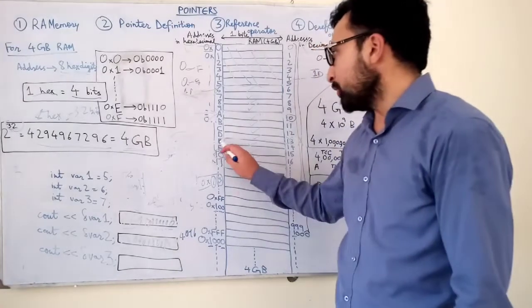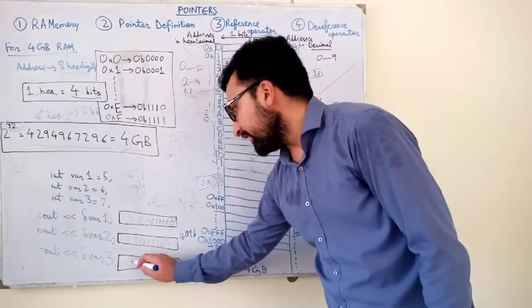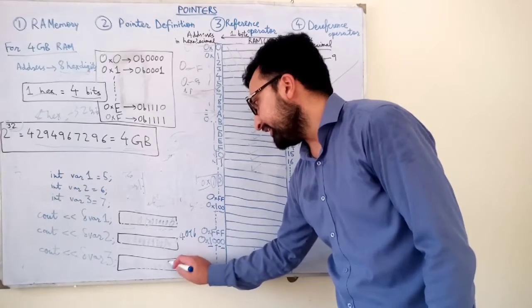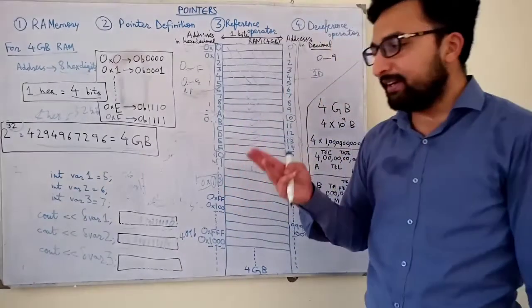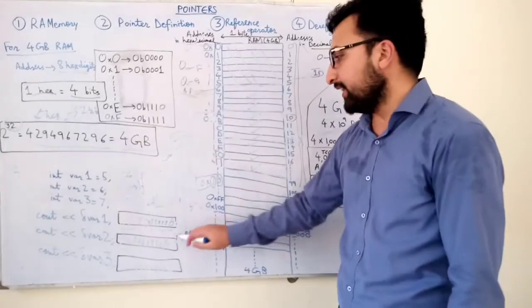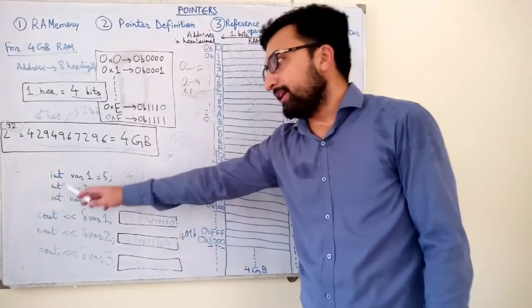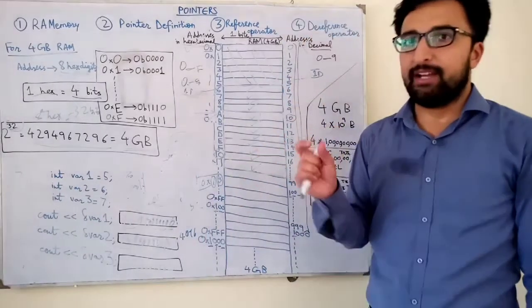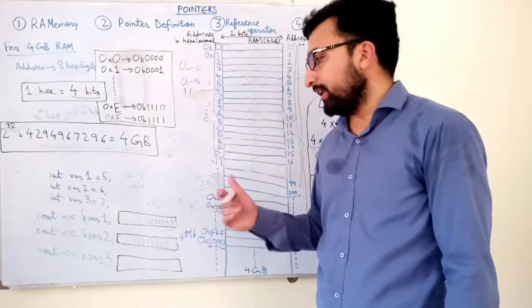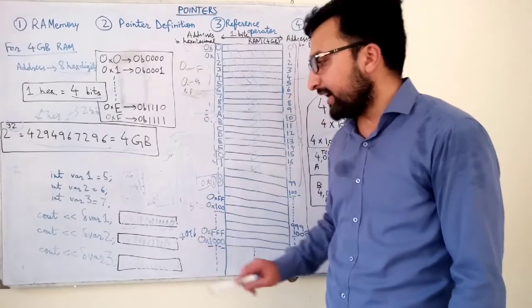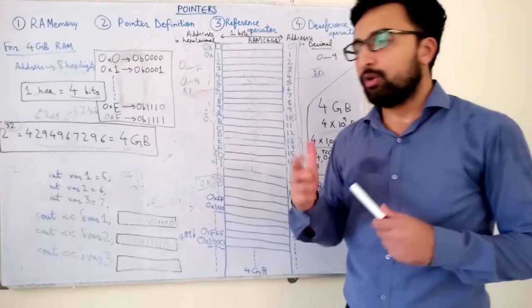Similarly, the third variable is stored here. So its address will be 0000000E. A, B, C, D are the 4 bytes that are covered by the variable VR2, and if it were of some other data type, it would have occupied bytes accordingly. Similarly, the third address has a difference between A and E, and that difference is also 4 bytes.